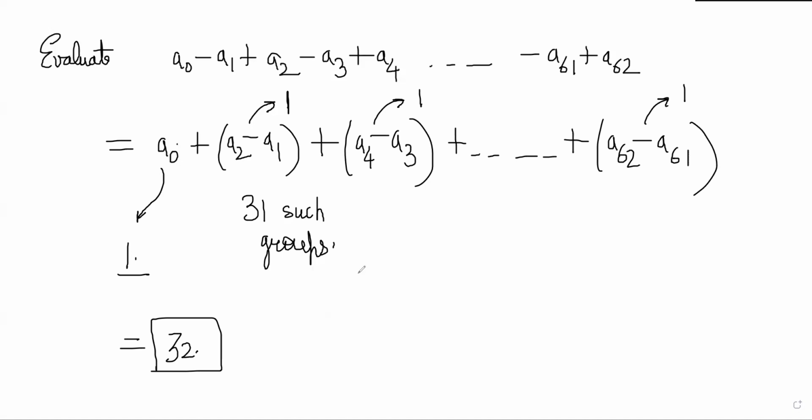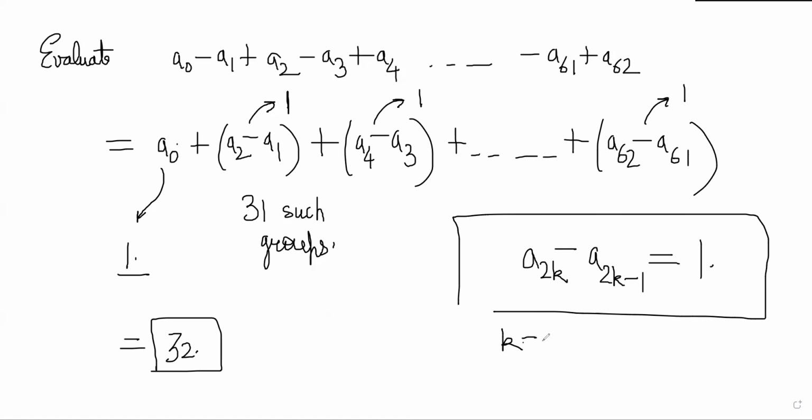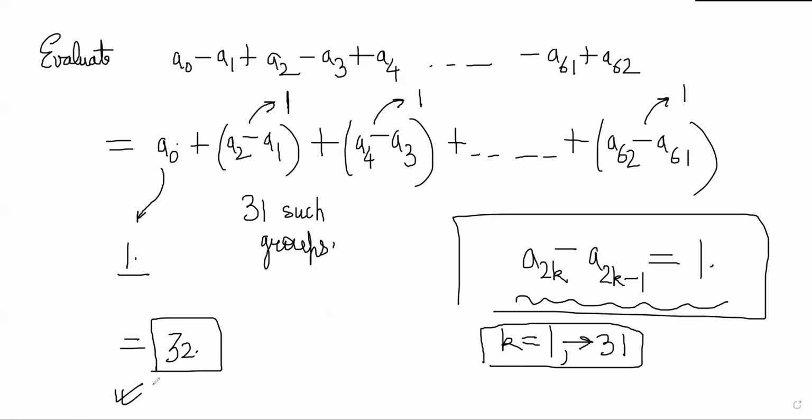So in that case, the variables on which you are applying AMGM are equal. And from there, we get the result that A2K minus A2K minus 1 is 1. And here K goes from 1 to 31. Once you get this, it is very easy to prove that the final answer will be 32. I hope everyone has understood now.